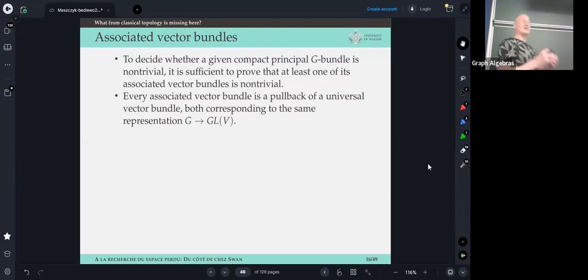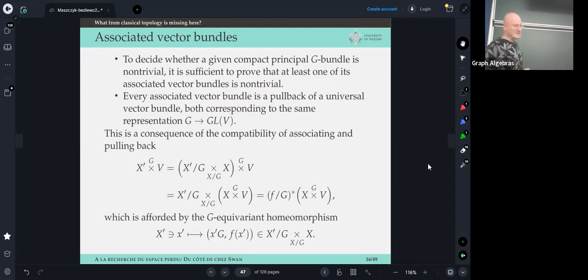And every vector bundle over some arbitrary compact base can be achieved as a pullback of this universal one via some so-called classifying map. And this is the consequence of the compatibility of two operations, the operation of constructing the associated vector bundle and the operation of taking the pullback of this vector bundle.